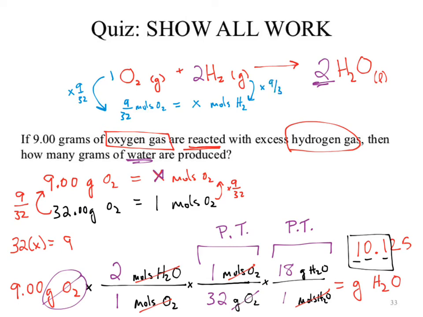Times by 9 thirty-seconds. So my moles of hydrogen becomes 2 times 9 over 32. Look at our equation down below. 2 times 9 divided by 32.